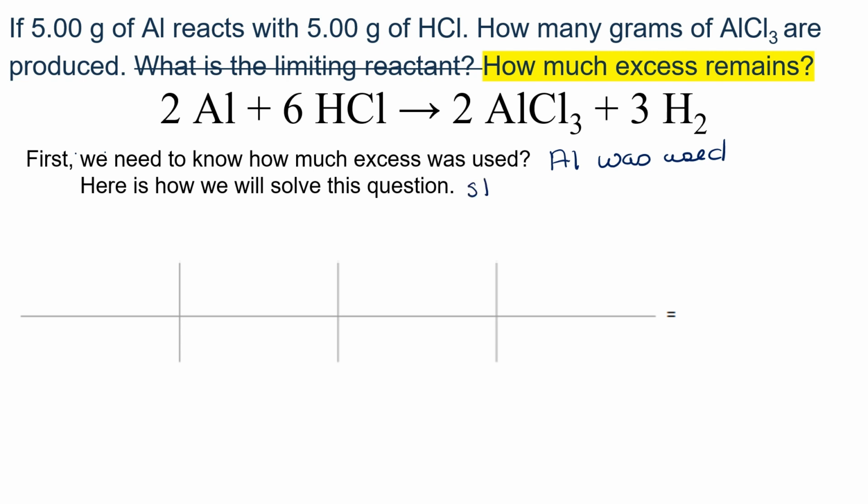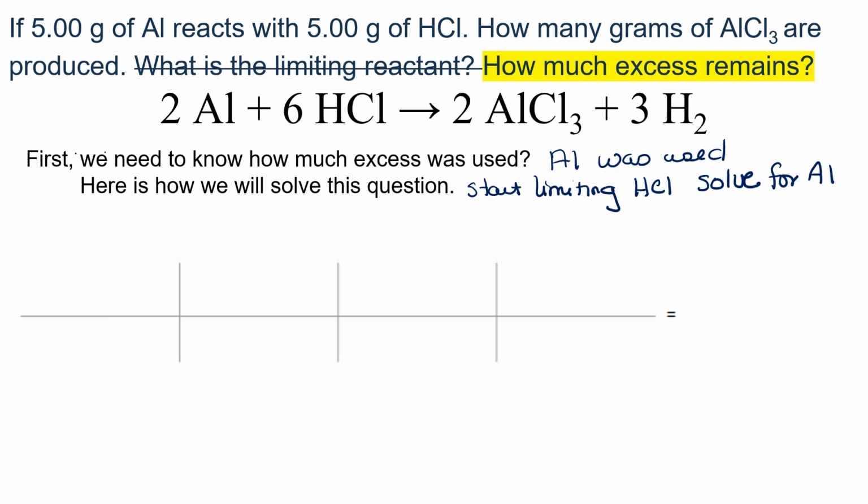So we're going to start with our limiting, which is our hydrochloric, and we're going to solve for the excess. So we're going to solve for the aluminum, and that's going to tell us how much aluminum was used.